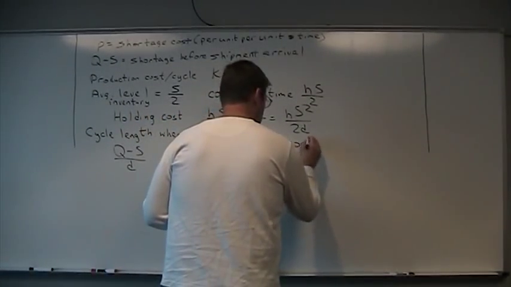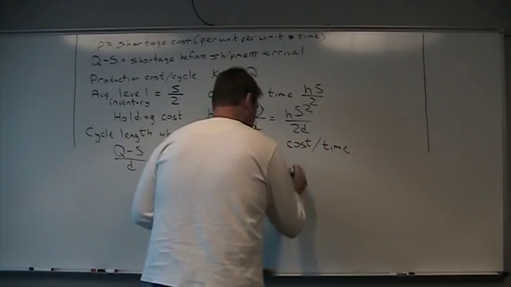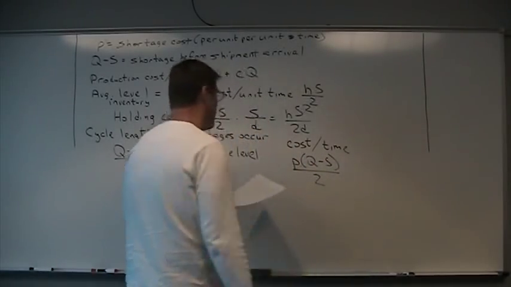And our cost per unit time is P times Q minus S divided by 2.